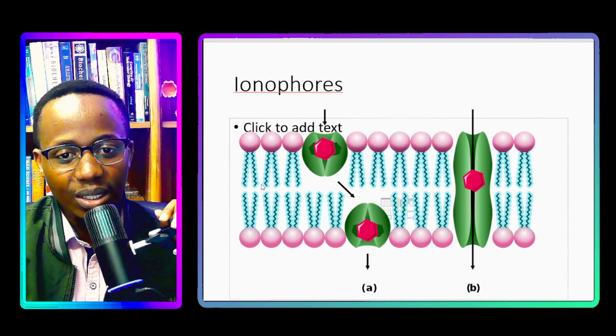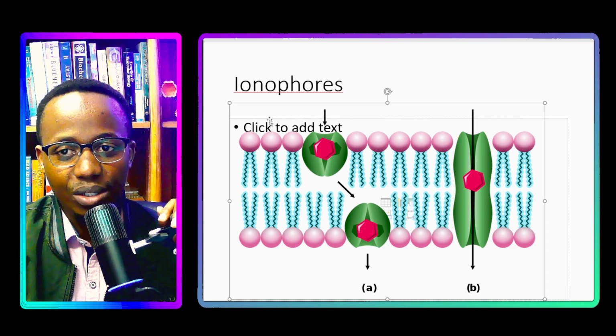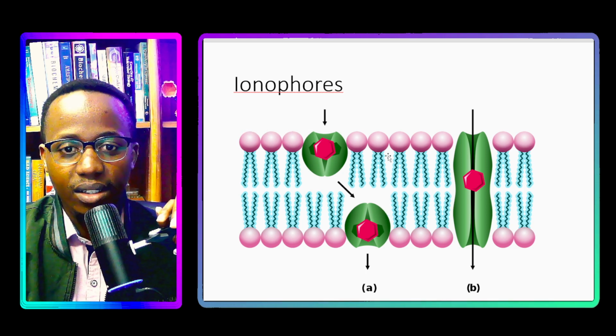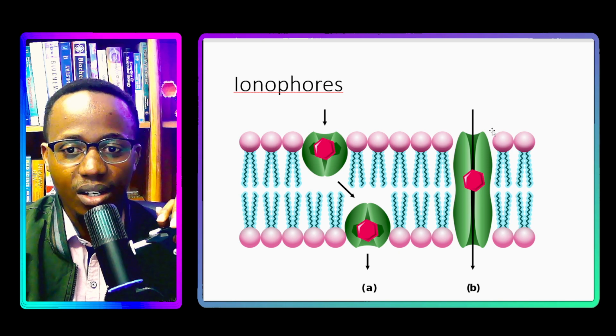So this is another illustration for it, where something binds to the ion and then brings it through. So this is an ionophore versus a channel. B is an ion channel, A is an ionophore, right?